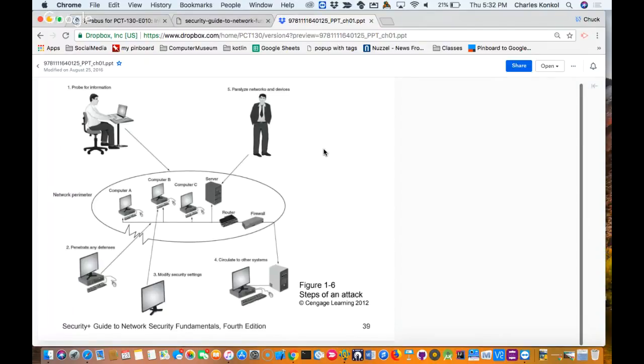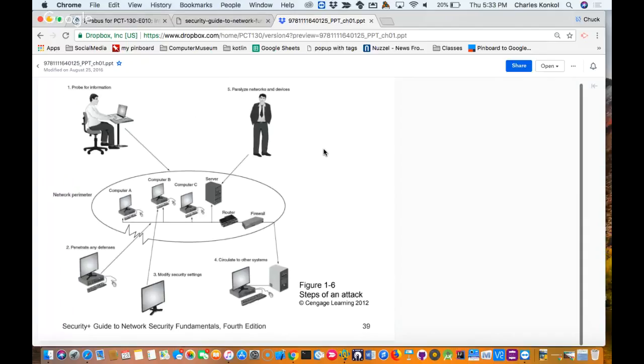So here's an example, upper left corner, hackers probing for information. Number two, they penetrate any defenses by finding out, let's say, the IP address of the server, and they themselves become the server now, which would be like a man-in-the-middle attack.